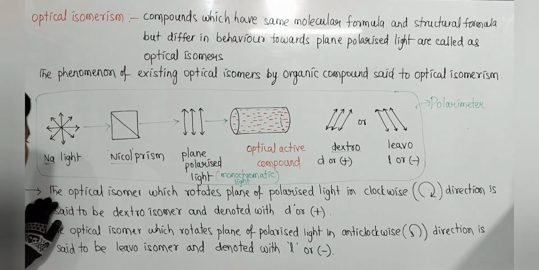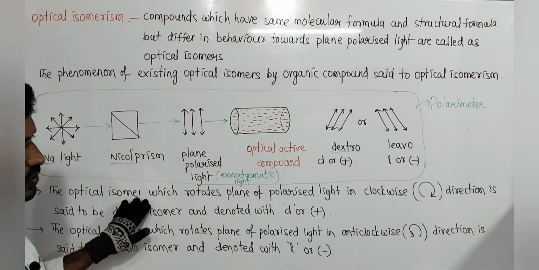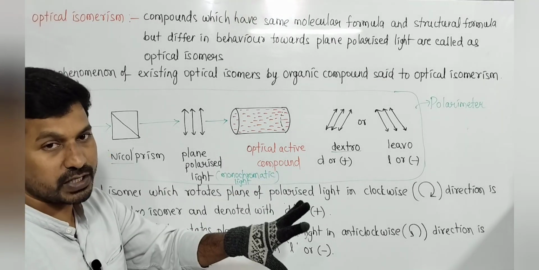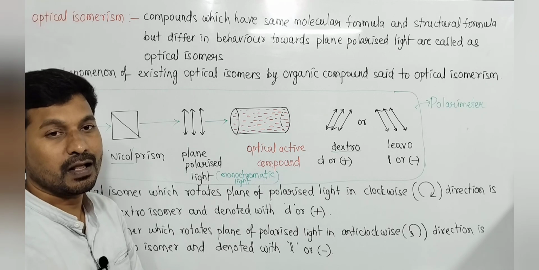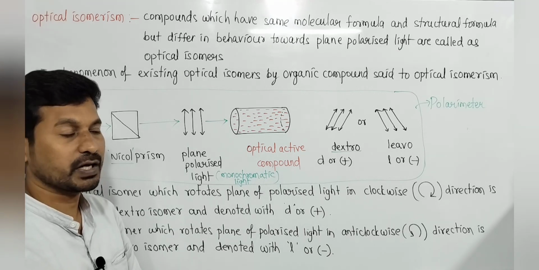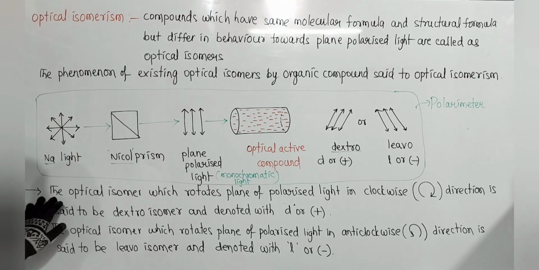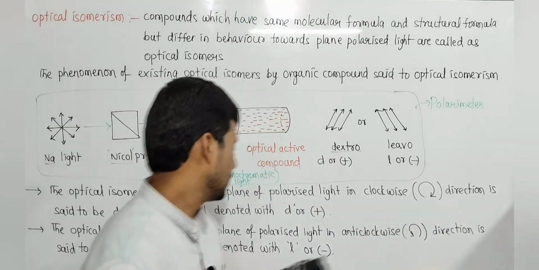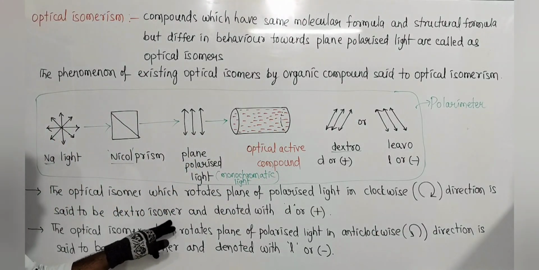The optical isomer which rotates plane polarized light, either clockwise or anti-clockwise, is an optically active compound. The optical isomer which rotates plane polarized light in the clockwise direction is said to be dextroisomer.